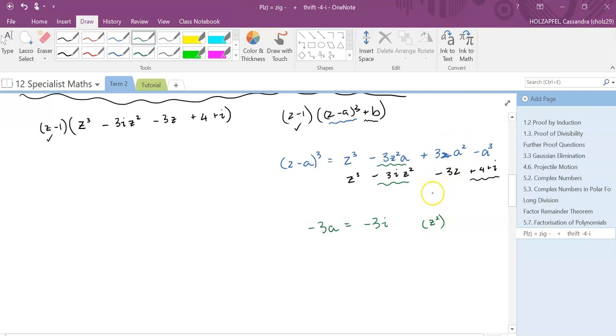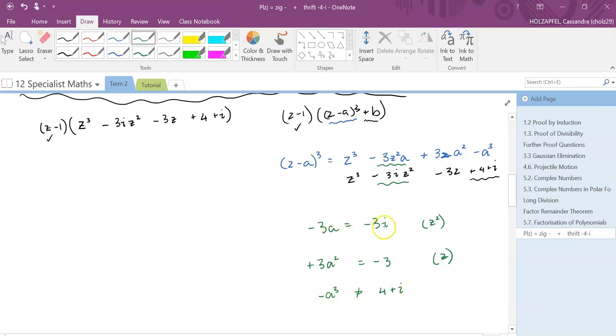Then this one here, we've got positive 3a squared. Again, I factored out that z here, and that's going to be equal to negative 3. So those are the coefficients of z. And then this value here, negative a to the power of 3, well, it's not going to be equal to 4 plus i. We're going to have to add or subtract something to get this value here.